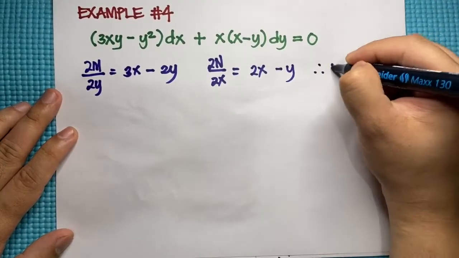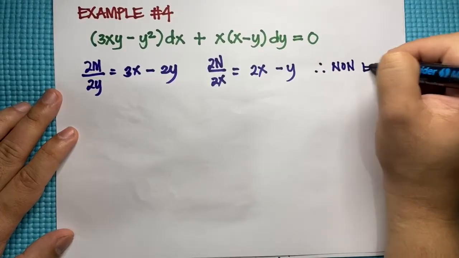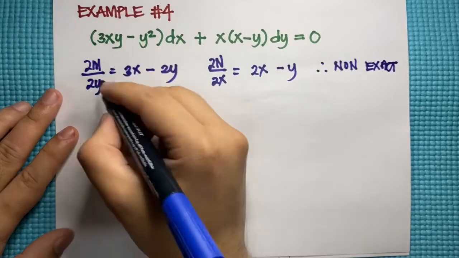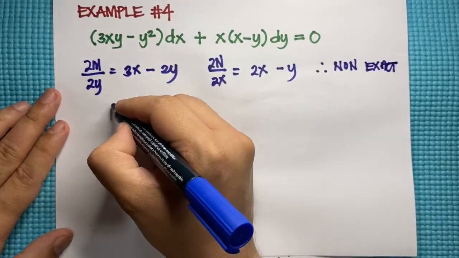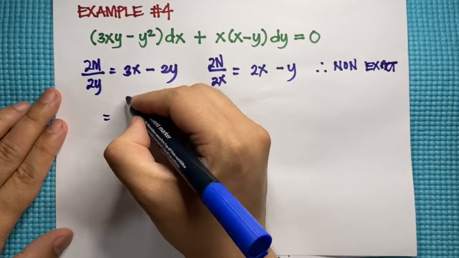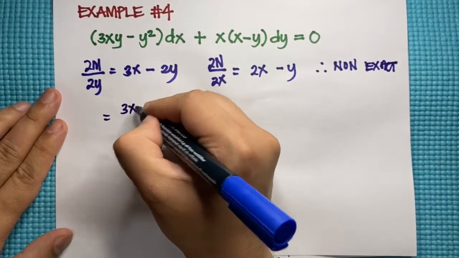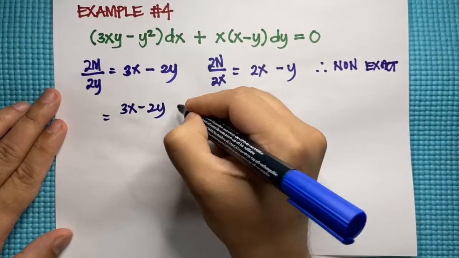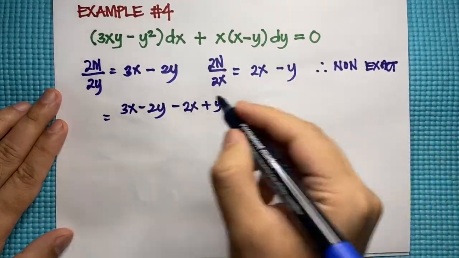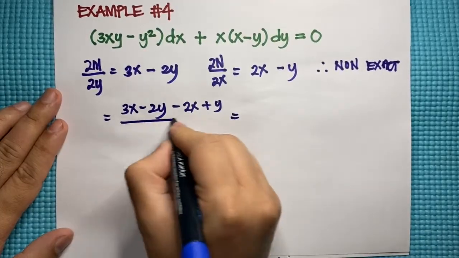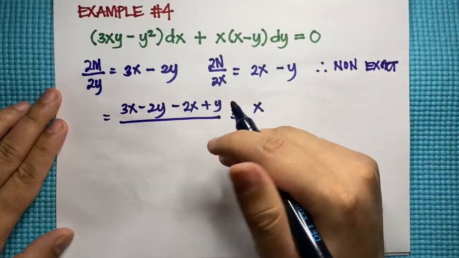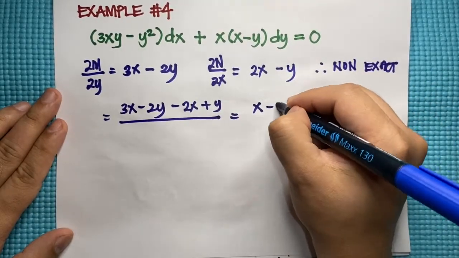Therefore it is non-exact. Taking the difference of the two, we have 3x minus 2y, then minus 2x plus y, leaving us x minus y.